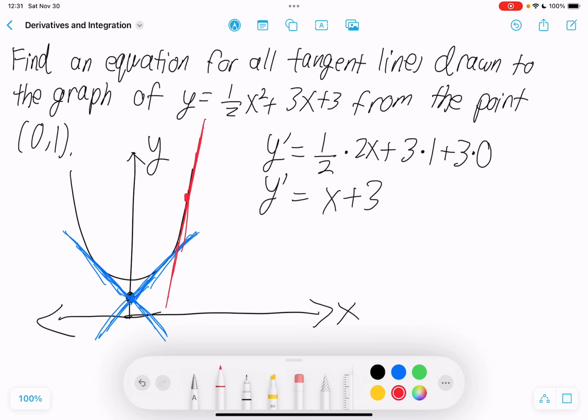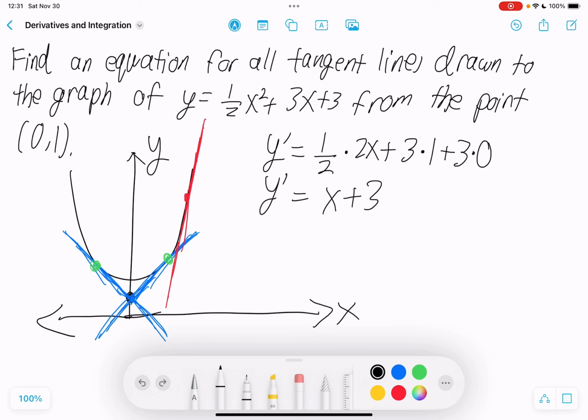Well, the derivative provides the slope. So if we know the x-coordinate of this point, we would know the slope is that x-coordinate plus 3. So this is the slope of the tangent lines, meaning that these two tangent lines have this slope of x plus 3.